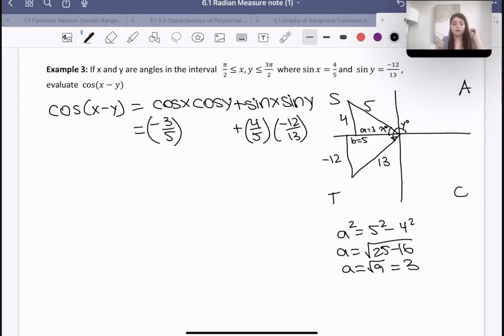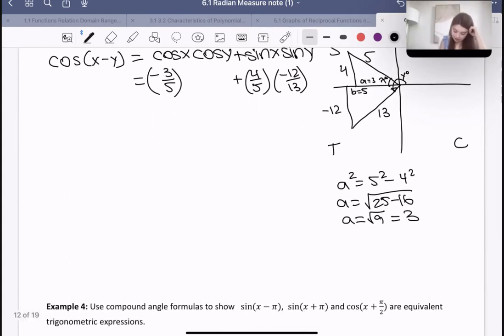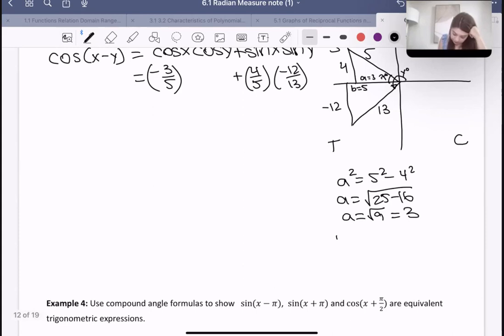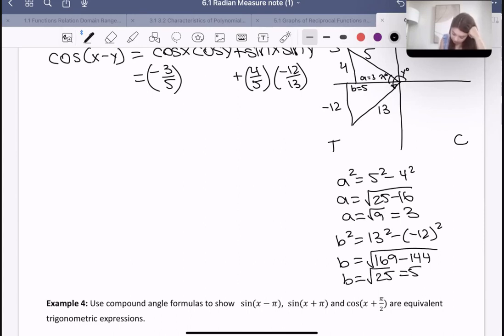Now let's say we need a proof of that with Pythagoras' theorem. We would know that b squared is equal to 13 squared minus negative 12 squared. So b would be equal to root 169 minus 144, which means b is equal to root 25, which is 5. So it would have to be 5.